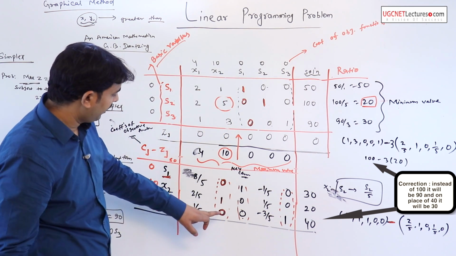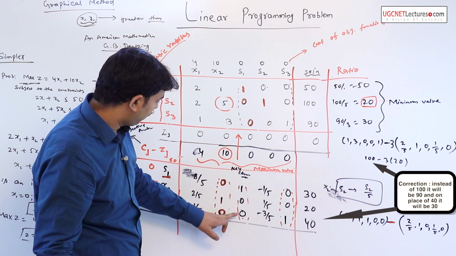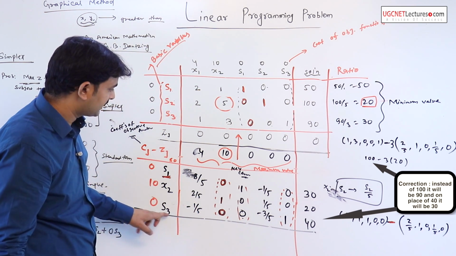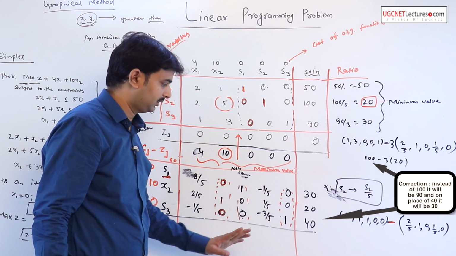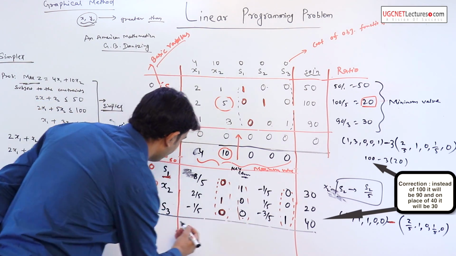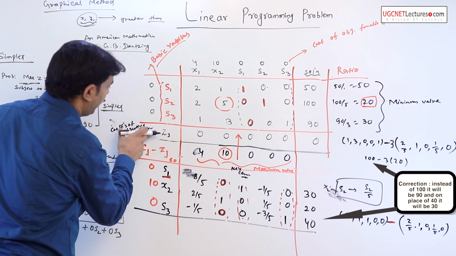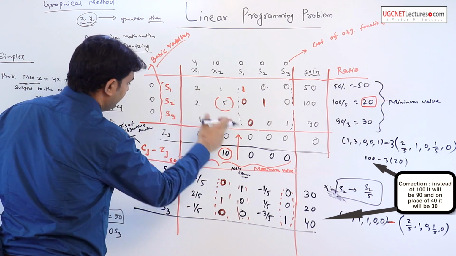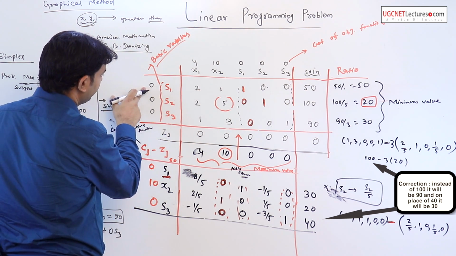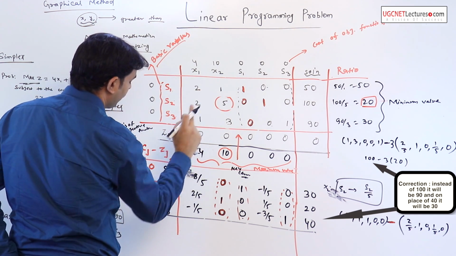Means we have again formed an identity matrix in S1, S2 and S3 in the simplex step. Here, for moving further, we calculate Zj as the coefficient of the basic variables dot product with the column vector.